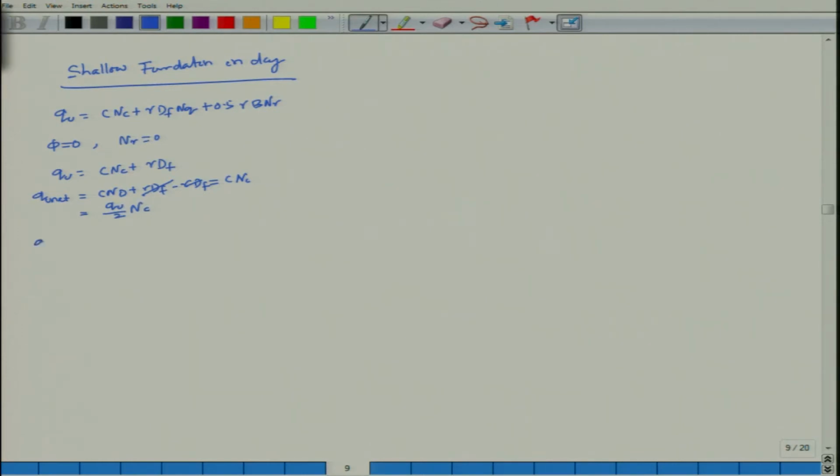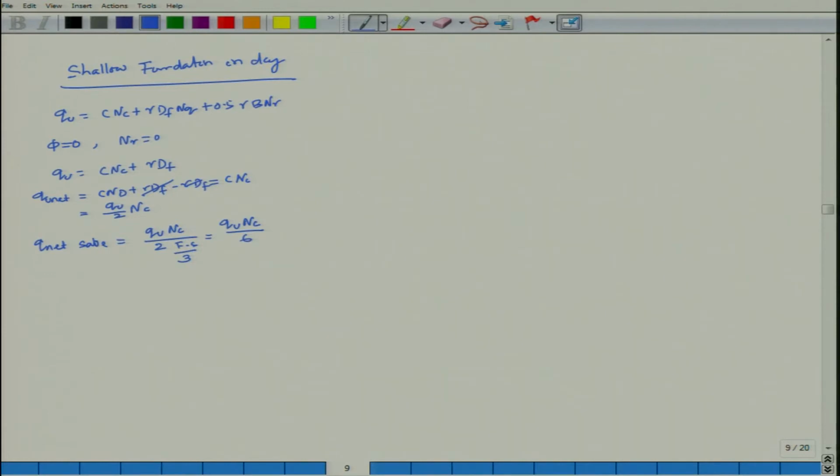Now, Q net safe is equal to QU NC by 2 into factor of safety. If I take factor of safety equal to 3, this is your QU NC divided by 6.